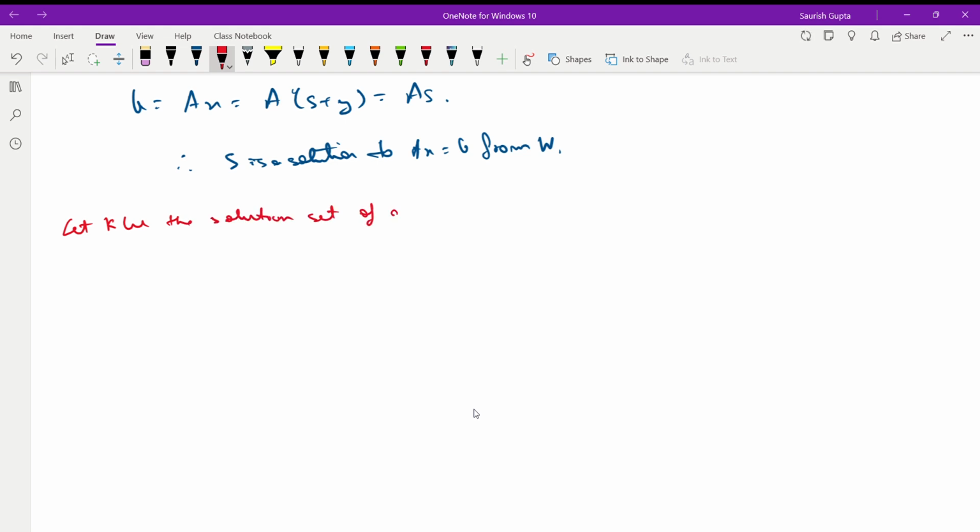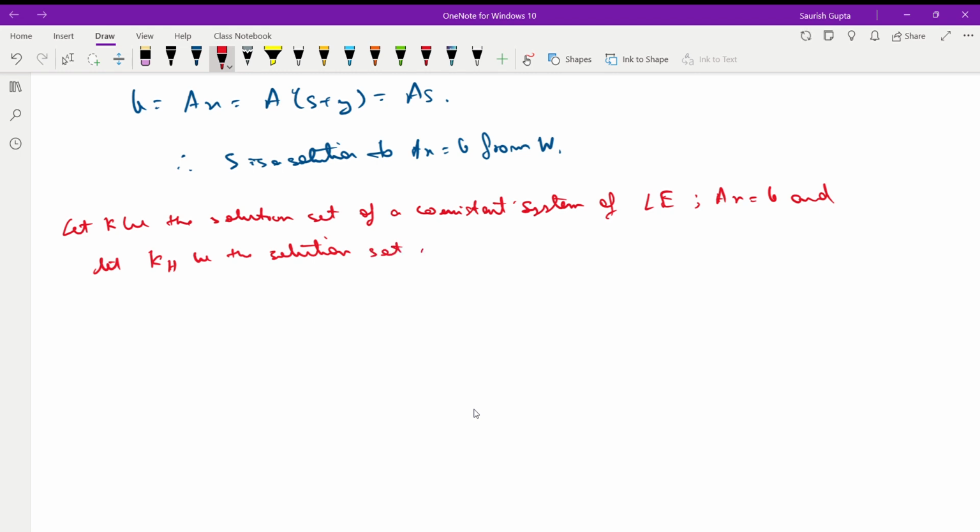Let K be the solution set of a consistent system of linear equations given by, say, Ax equals B, and let Kh be the solution set of the corresponding homogeneous system, which is just Ax equals 0.